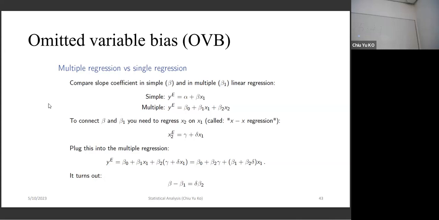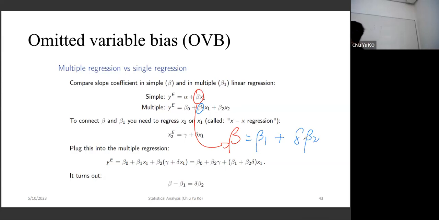Okay, what you will see is, I'm not going to do the proof, but you will see beta, the one where you omit the x2, will be equal to beta 1, you move the other side, plus this guy. Maybe I write that down here. The beta, which is this guy, will be equal to beta 1, which is this guy, plus delta beta 2, okay?